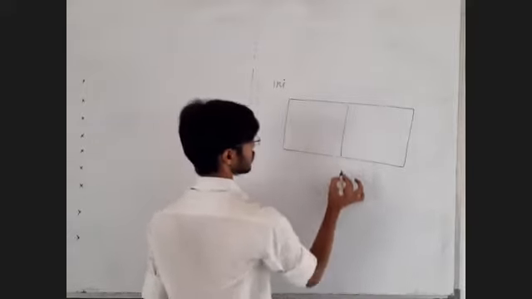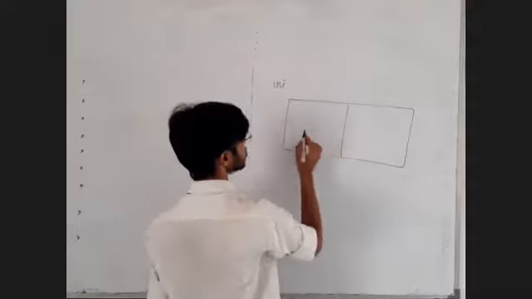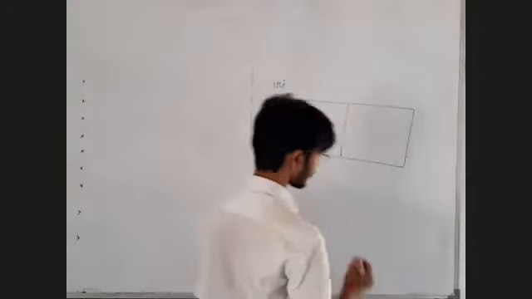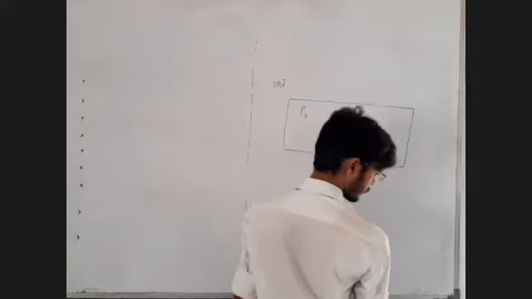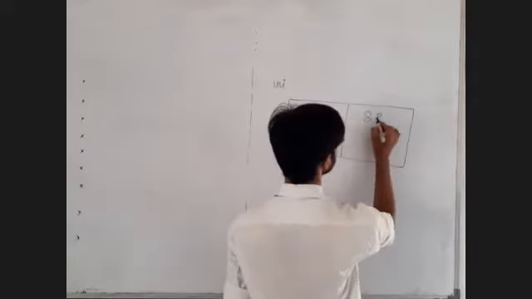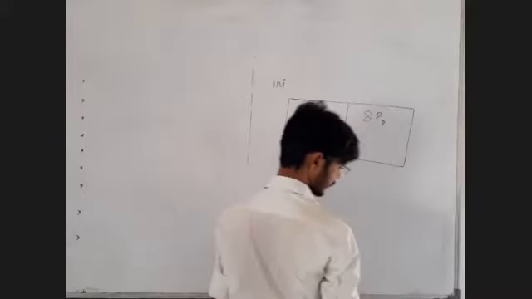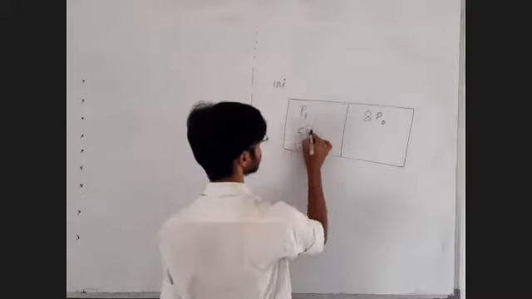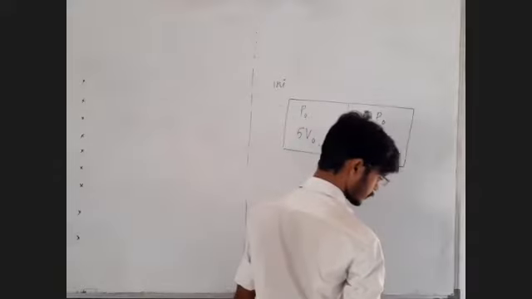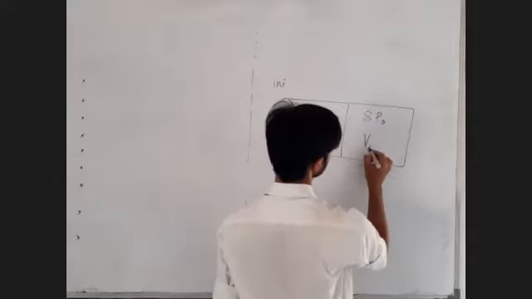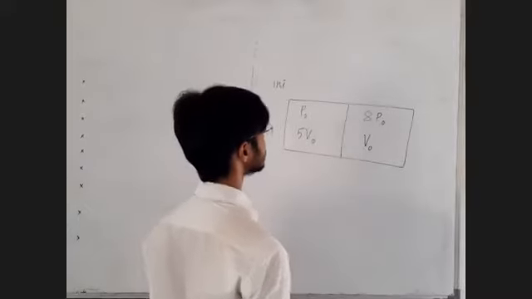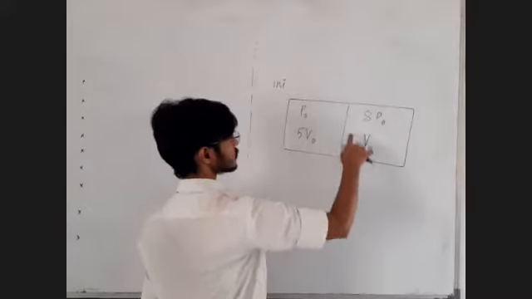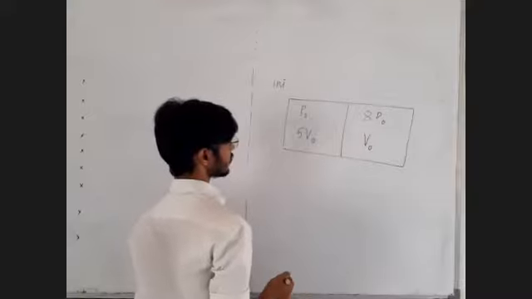Initially there was some piston which was held in such a way that the left part had pressure equal to P0, the right part had pressure equal to 8 times P0, the left part had volume equal to 5 times V0, and the right portion had volume equal to simply V0. Now we just release this separating wall, and what will happen?